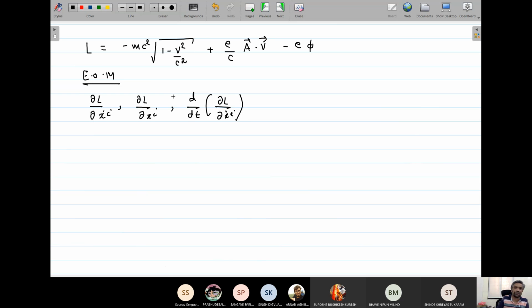If we know this, then one can easily obtain the equation of motion, the canonical momenta, and the Hamiltonian. One should be careful now. This phi is a function of t, x1, x2, x3, so it is a scalar function of space-time coordinates. And similarly, the vector potential is also a vector function of space-time coordinates.